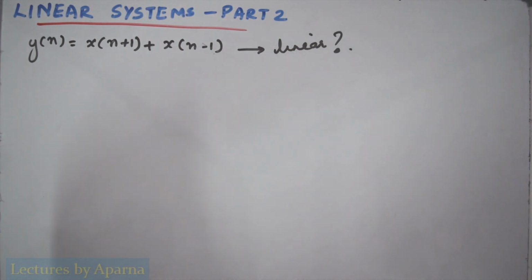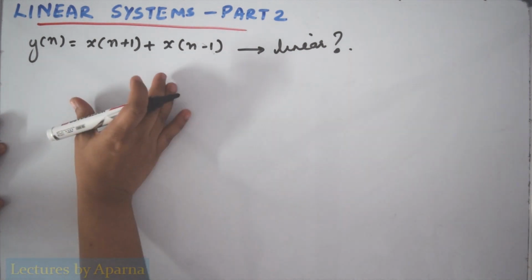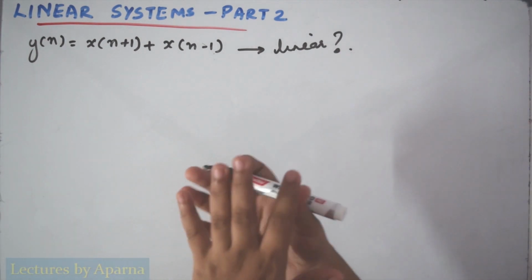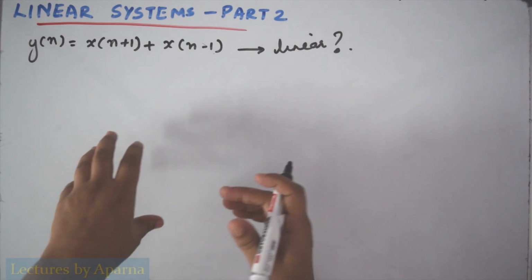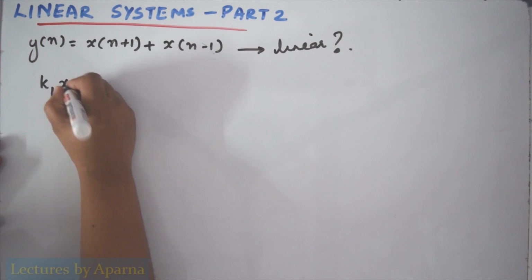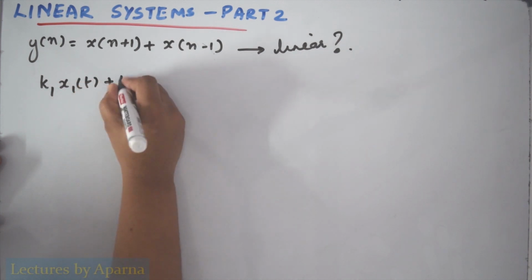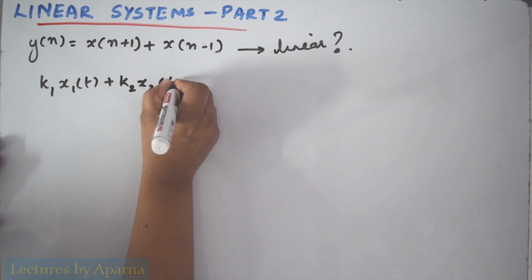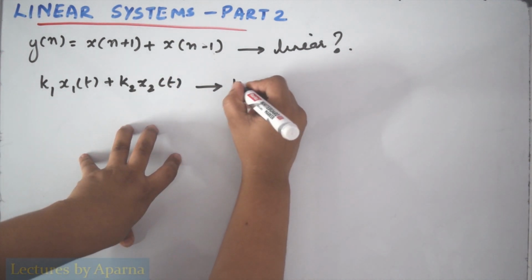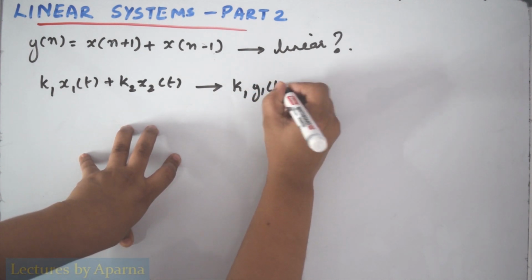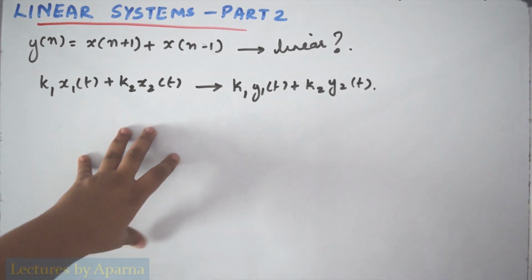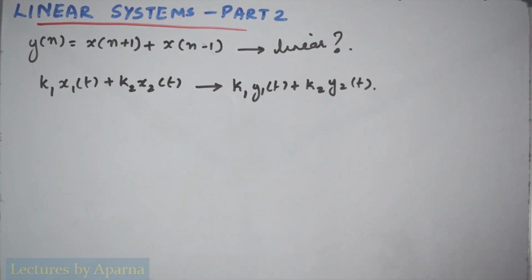In the previous part 1 video, we discussed a relation which is a combination of the homogeneity property and superposition property: if an input k1 x1 of t plus k2 x2 of t is given to a system, and the output we get is in the form k1 y1 of t plus k2 y2 of t, then the system is considered to be linear.